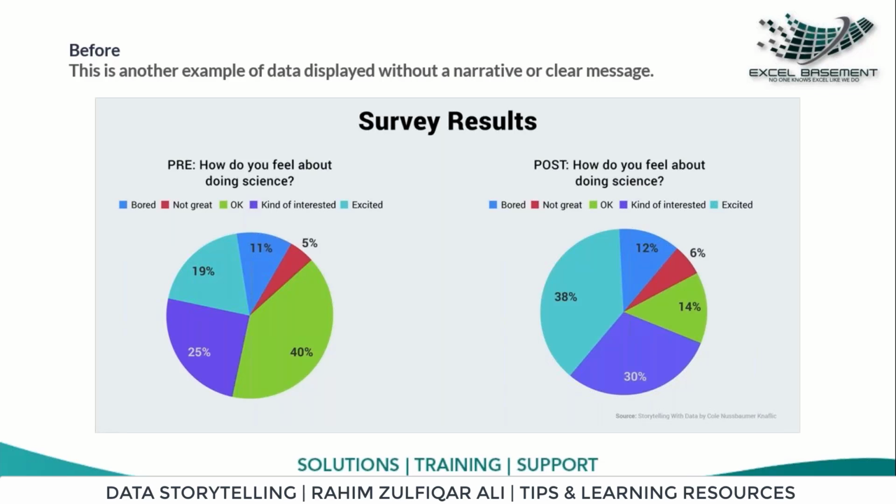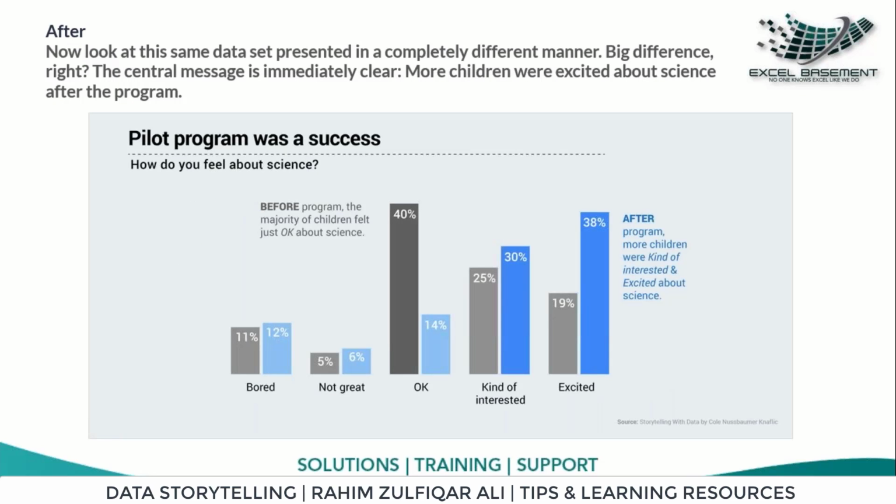So we substituted this chart and created a new chart which shows data storytelling as well. We came up with a column chart and put all the Likert scale parameters on the x-axis, like bored, not get it, okay, kind of interested, excited, all the variables on the horizontal axis, and we compared before the program and after the program.